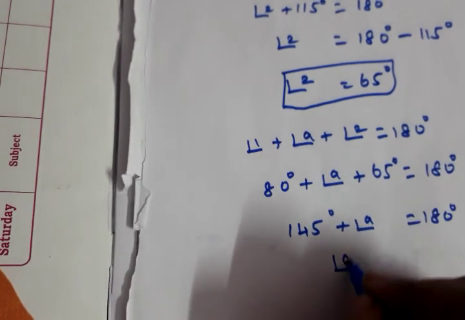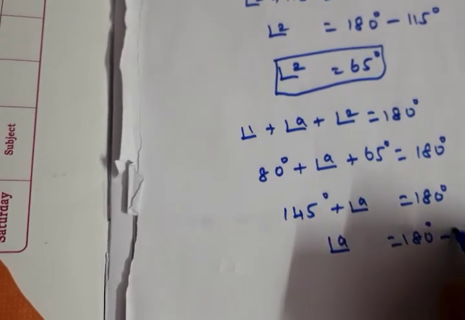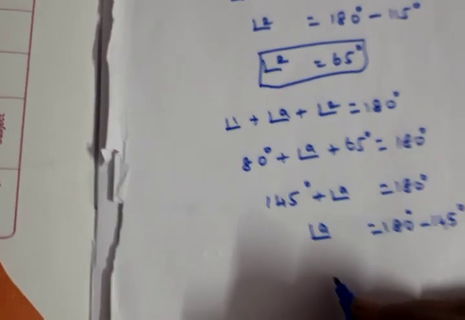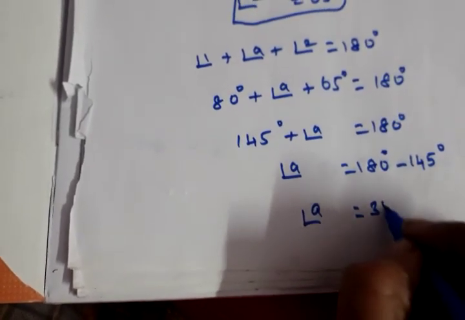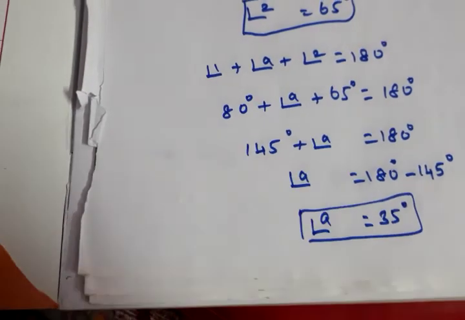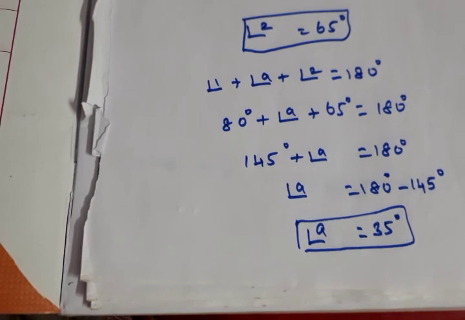So angle A equals 180 degrees minus 145 degrees, which is 35 degrees. Do you understand?